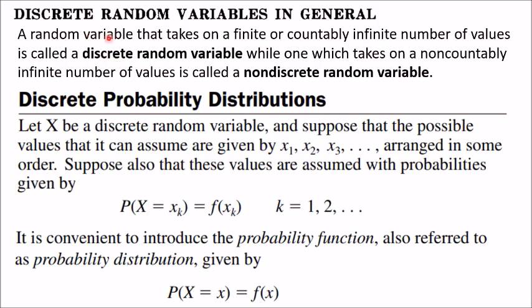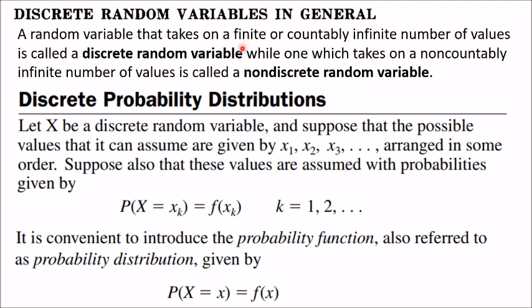Now let's have the discrete random variables in general. A random variable that takes on a finite or countably infinite number of values is called a discrete random variable. Yun na, kapag finite or countably infinite number yung values ng ating random variable, yun ay isang discrete random variable.